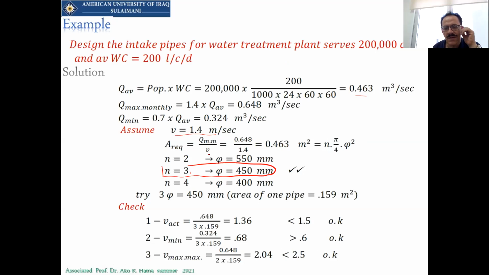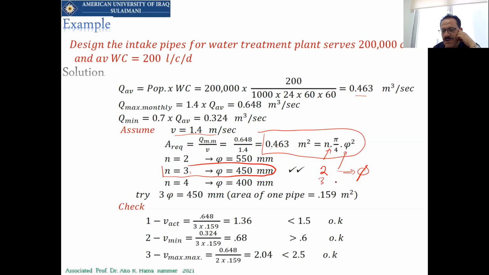We found that this is the equation. This is the pipe number, and this is the pipe diameter. If you are using two pipes, you have 0.463. Now you can find from this the diameter of the pipe needed to cover that area.